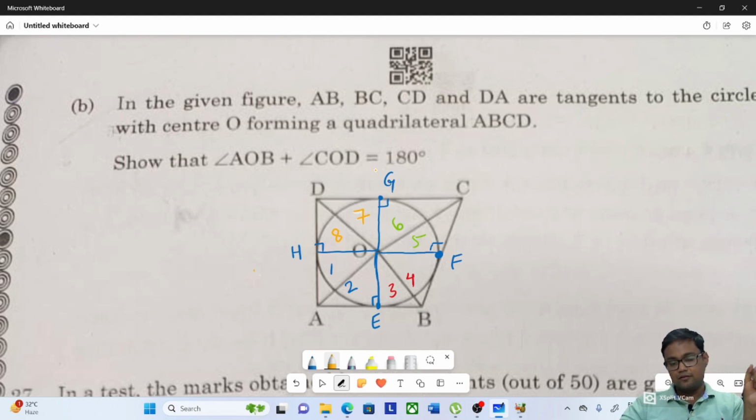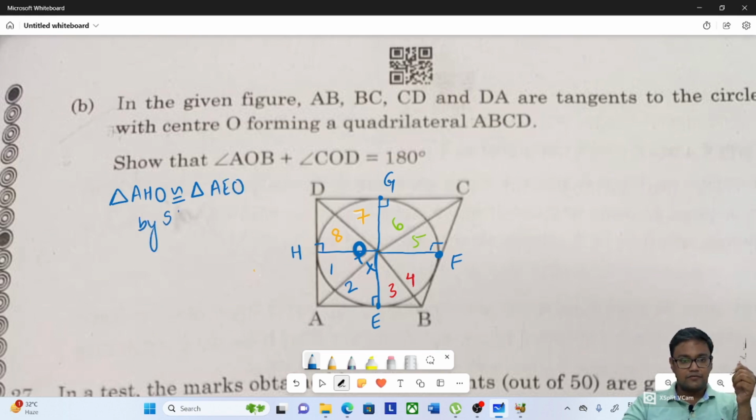They are colored pairwise because somewhere down the line I know that these two angles are equal, because triangle AHO, this is the vertex O, AHO is congruent to triangle AEO, right, by SSS, because this side is equal to that side, as the lengths of the tangents from an external point are equal.